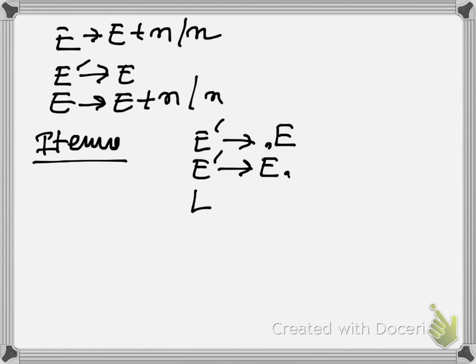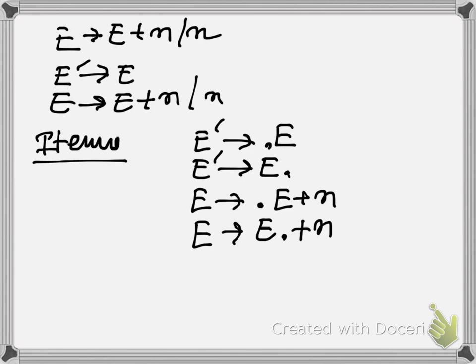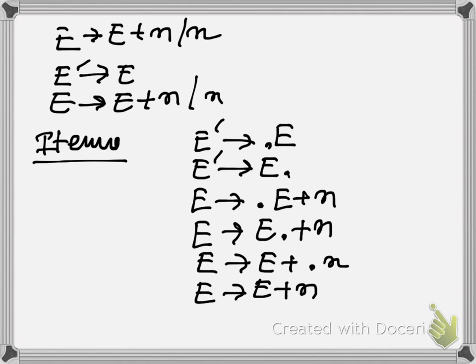From the second production, I start at the beginning, E plus N, or I have seen E and not seen plus N, or I have seen E and plus but not N, or I have E plus N and finished.